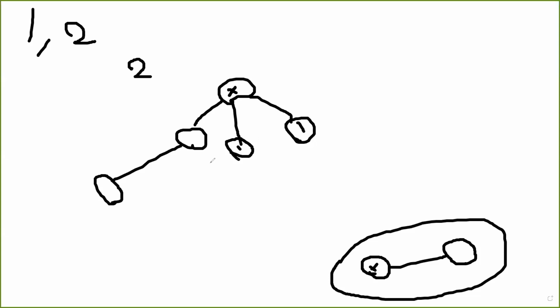So player 2 will choose to remove a node that will not leave x as a leaf, okay, then player 1 will remove this, this is 1, okay, and then this is 2, and then this is 1, and then 2 will remove this, okay. So 2 will win here if I am at 5, okay.